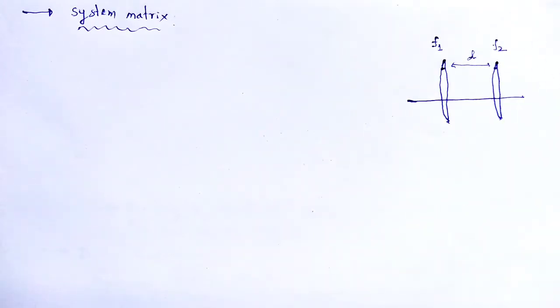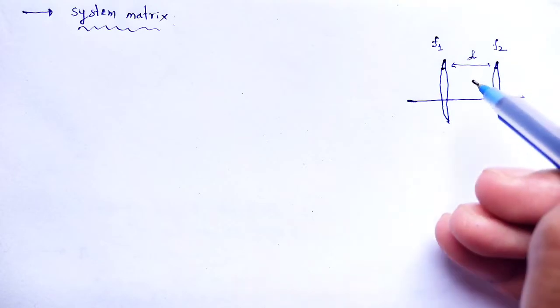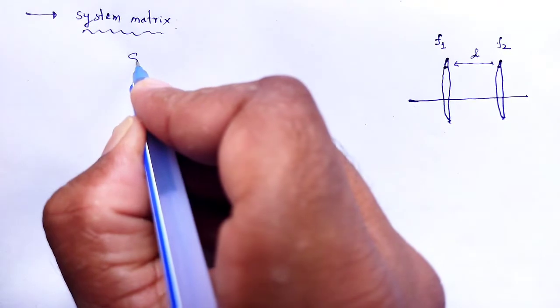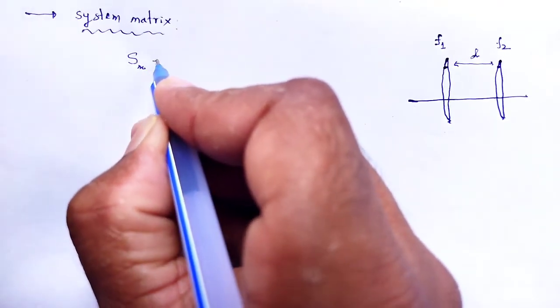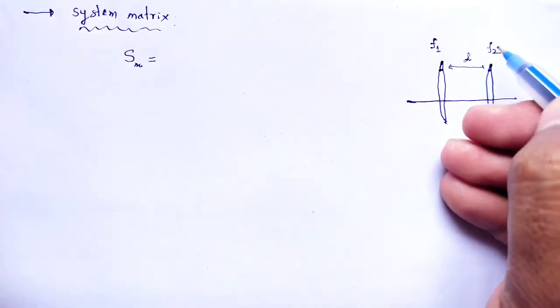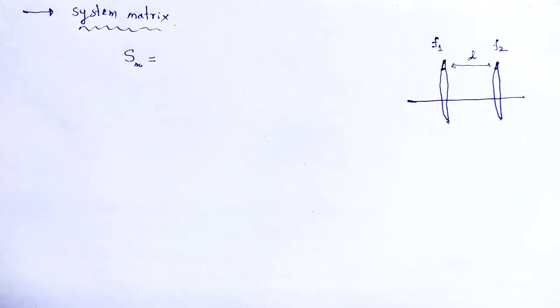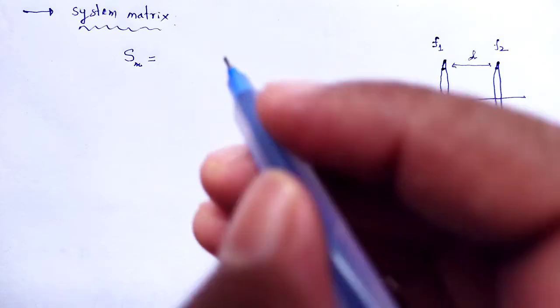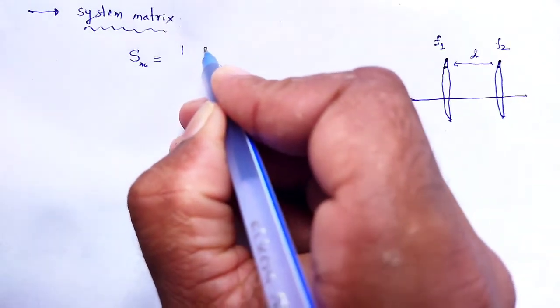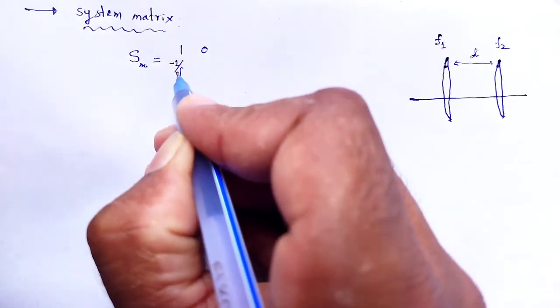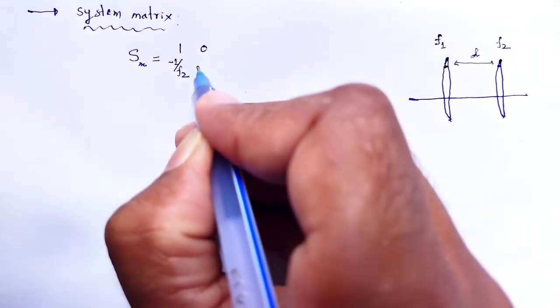So if we calculate the system matrix SM, at that surface refraction takes place. In the case of a thin lens, the matrix is [1 0; minus 1 by f2 1].